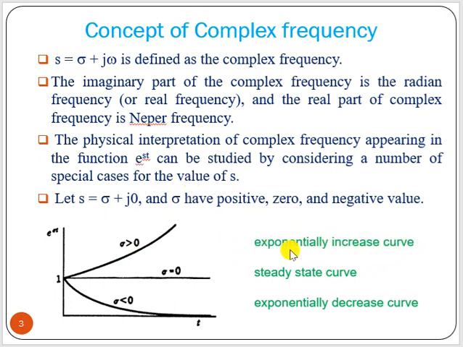Now when sigma is negative, e to the power minus 1t, minus 2t, minus 0.5t, then when sigma is less than 0, it will be an exponentially decreasing curve. So when sigma is 0, a constant curve; sigma greater than 0, exponentially increasing; sigma less than 0, exponentially decreasing. So this is the real part of the complex frequency.